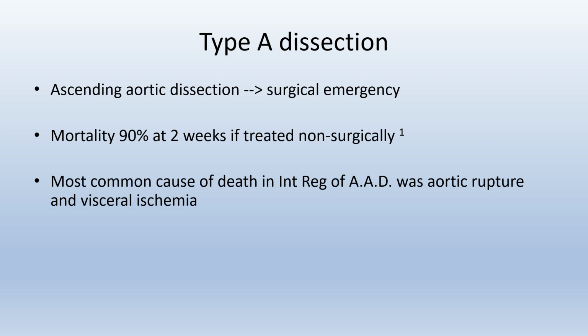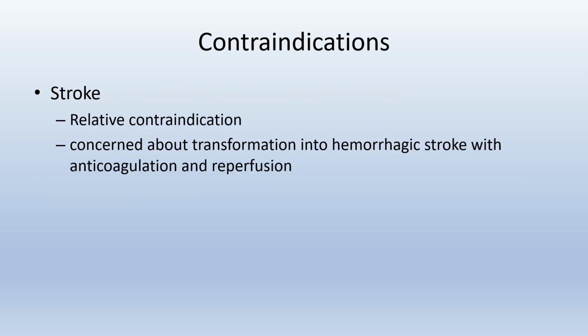The most common cause of death is the initial presentation of acute aortic dissection with aortic rupture and visceral ischemia. Contraindication is stroke. There is a relative contraindication regarding transformation into hemorrhagic stroke with anticoagulation and reperfusion.